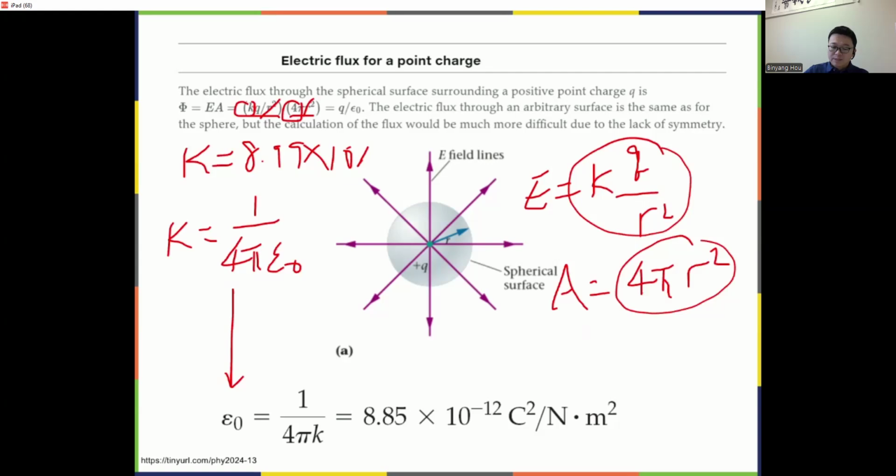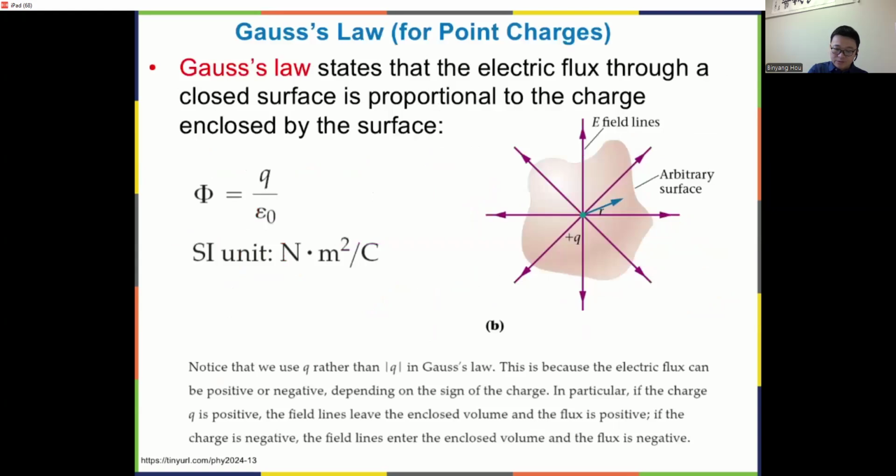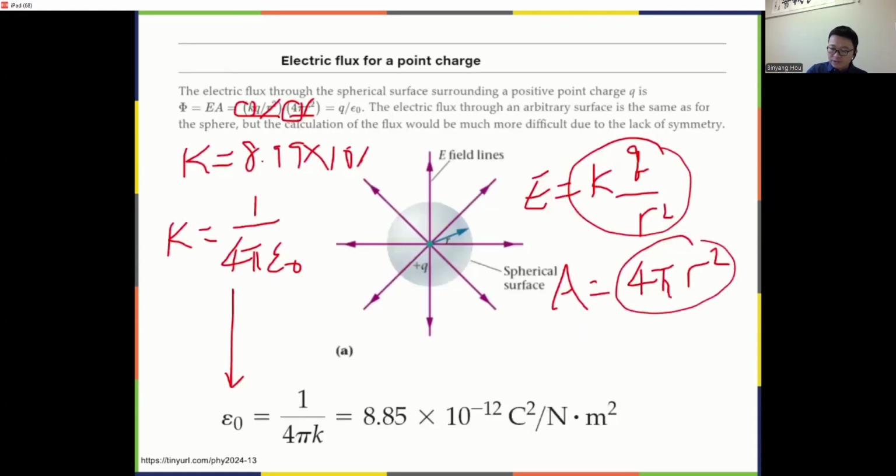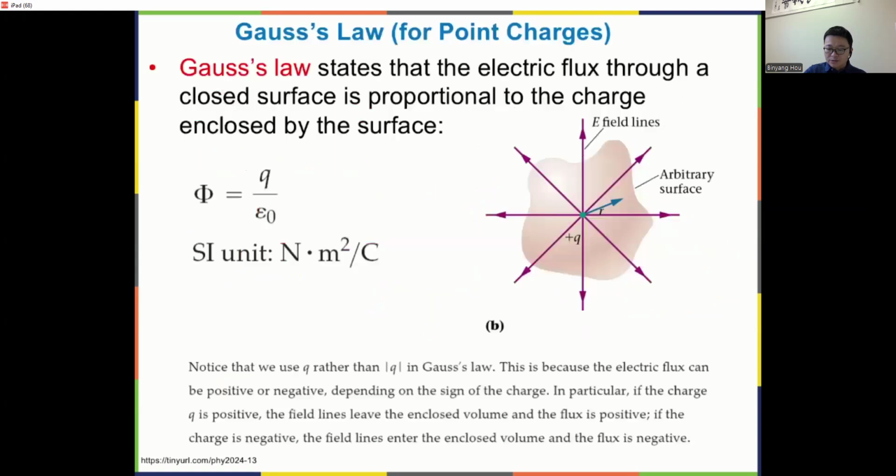So we can see that electric flux here is equal to E times A, and at the end is also equal to that, for a point charge. So we can conclude that the second way of solving for flux is Q over epsilon naught.